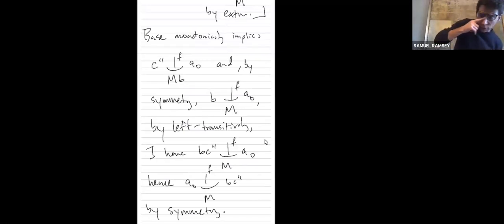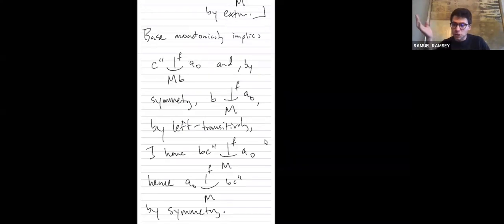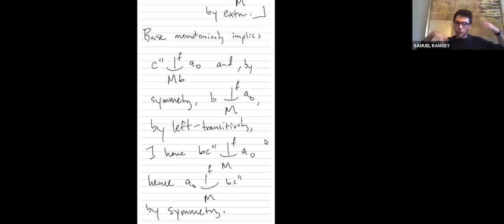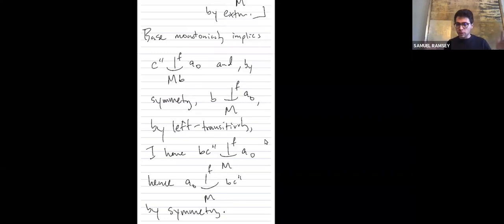So maybe it's worth pausing for a moment and reflecting on how magical the non-forking calculus is. Because if you have to think about what happens if I write down a formula that divides, it's a huge mess to think about moving around elements and arranging for things to be independent, and seeing which implications obtain between different kinds of independence that happen between different tuples. What is amazing about simple theories is that you have a kind of formal calculus. You develop some properties of the independence relation, and the proofs of those take some work.